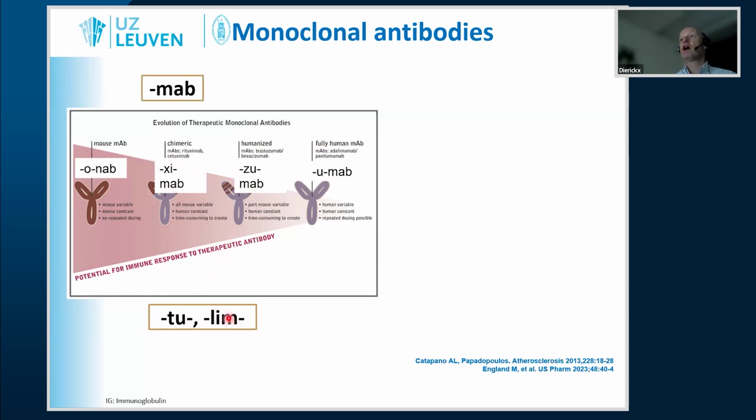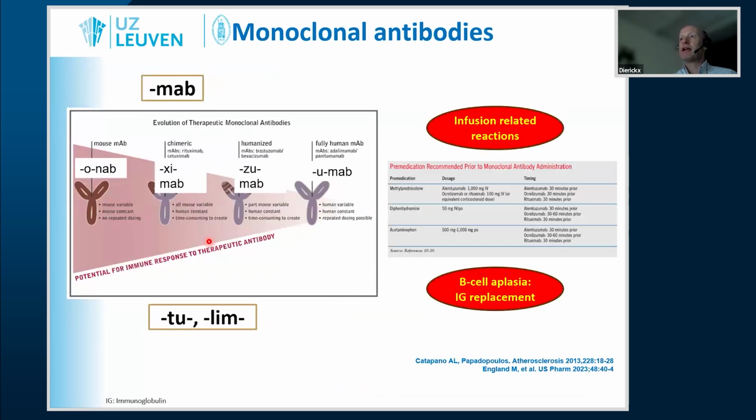Then you have the first part, that's a prefix with no specific meaning, which is actually unique for each medicine. So you have rituximab, you have adalimumab, and so you can actually see what's the origin of the monoclonal antibody.